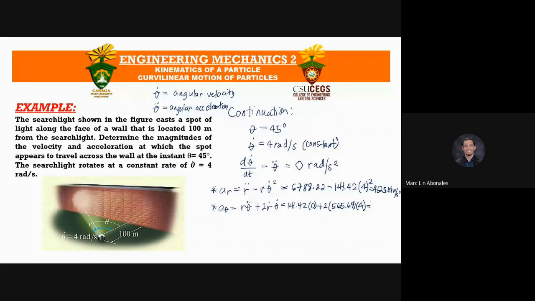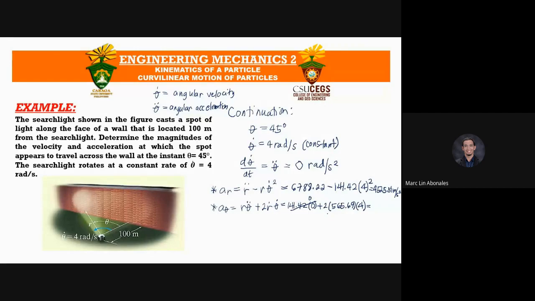How about a_theta? The first term is 0, so you only focus on 2 times 565.69 times 4.